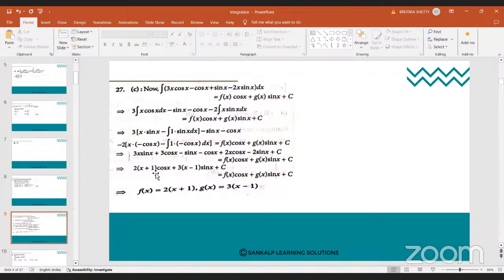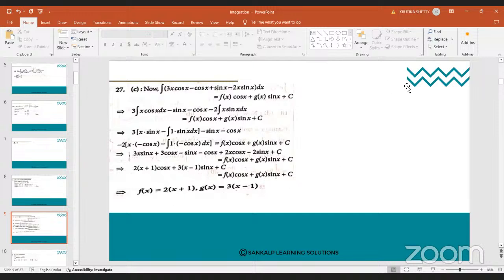On simplifying, when we take cos x common, we get 2 into x plus 1. And when we take sin x common, we get 3x minus 1. So when we compare it with the given integral, in place of f of x we have 2 into x plus 1, and in place of g of x it is 3 into x minus 1.